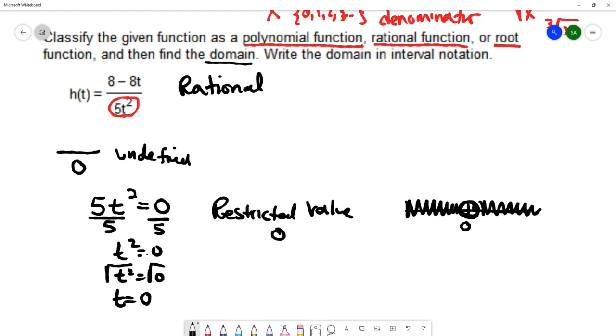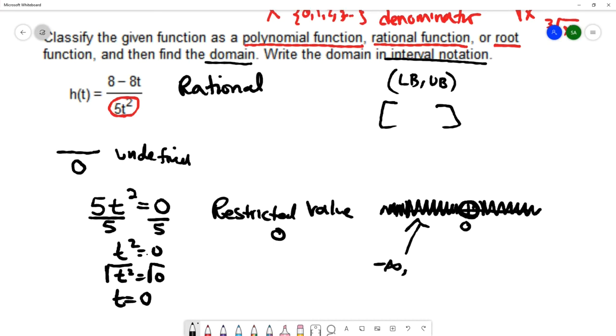And we're going to write these values using interval notation. With interval notation, you write either parentheses or brackets, and you write down a lower bound, comma, and upper bound. So we're going to do that for this interval here. This interval on the number line goes on forever in this direction. We label that as negative infinity to indicate that it's going on forever in the negative direction. The upper bound is going to be right here at 0.